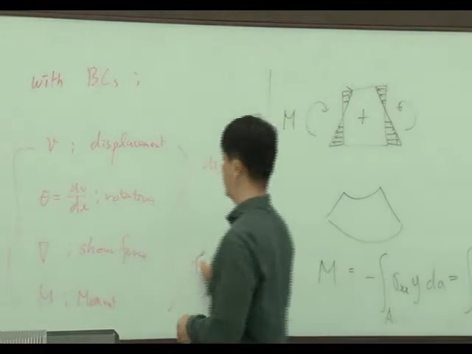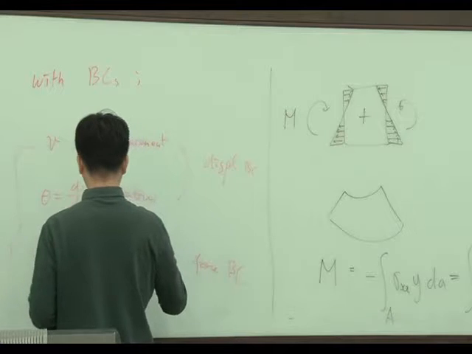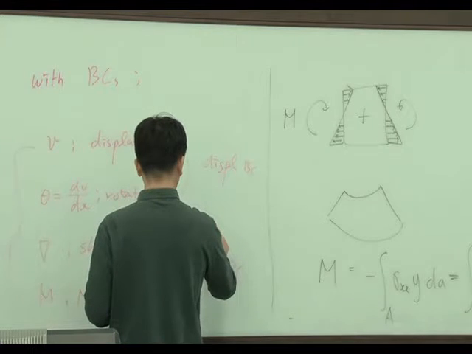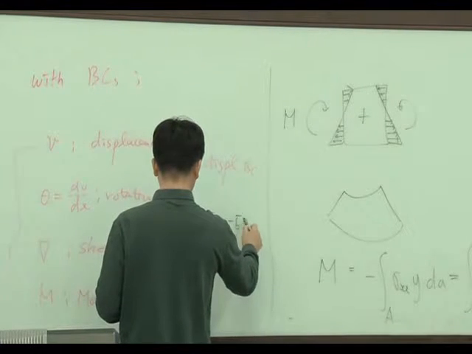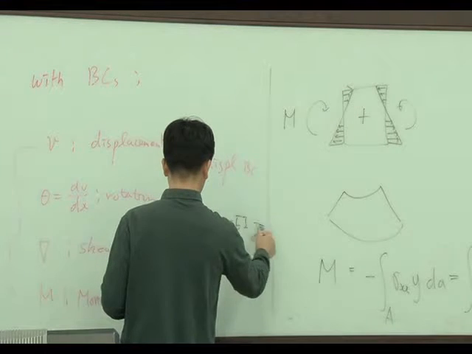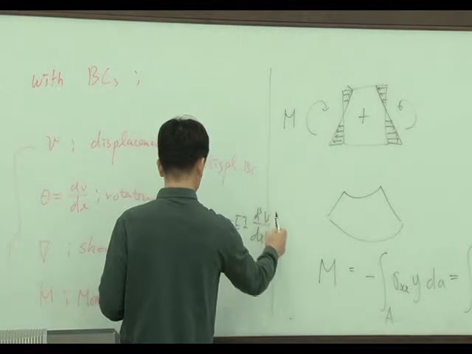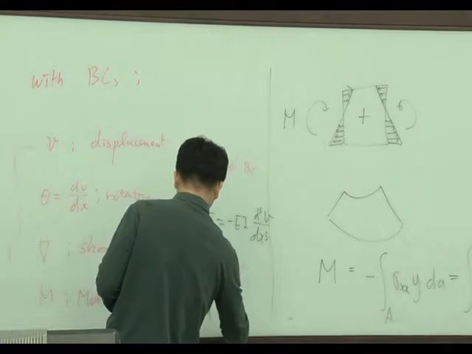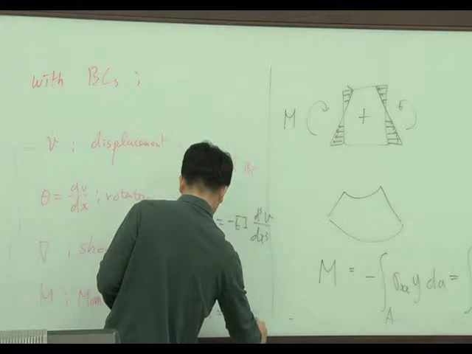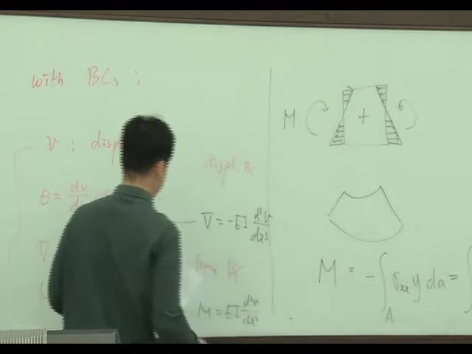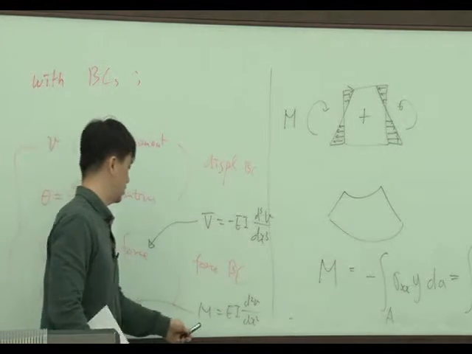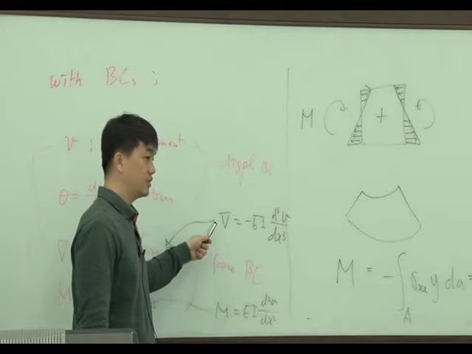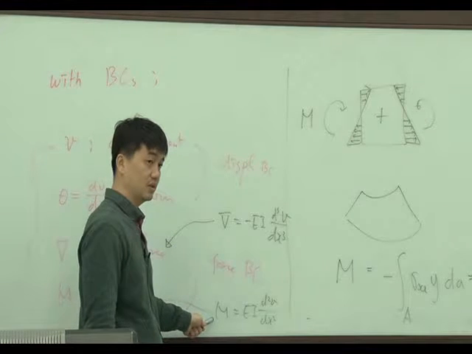So when we apply the shear force boundary condition, we can use this relation: V equals minus EI v''' and M equals EI v''. I derived this equation over there, and V is also the relation between shear force and moment, right?